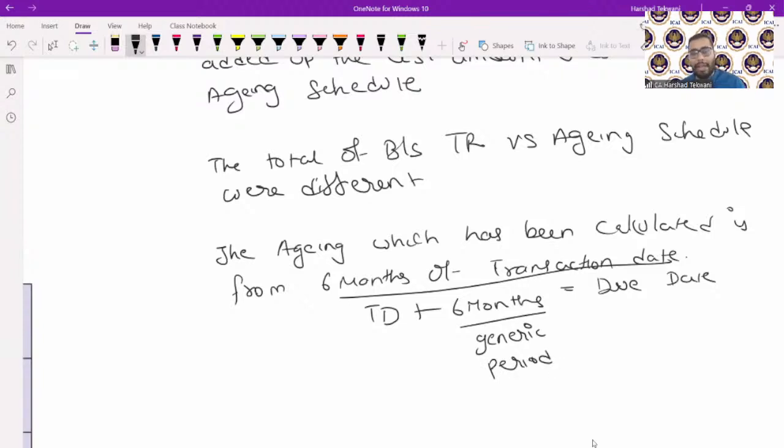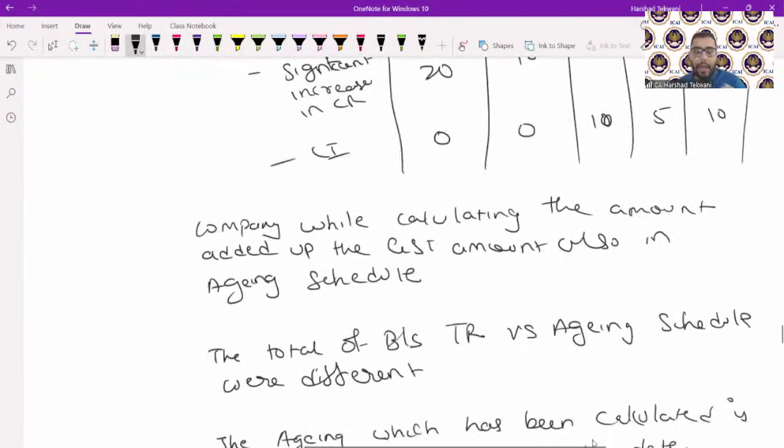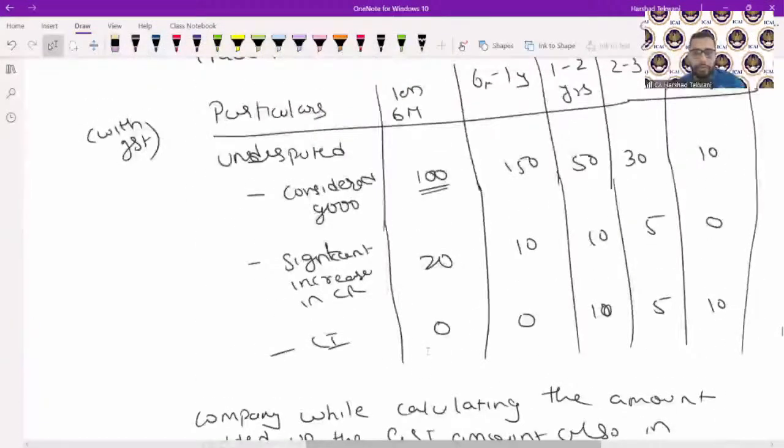However, this is not the case in reality because each and every trade receivable has been provided a separate credit period, not a generic 6 months. So they have done it this way, and on the basis of that, they have calculated the aging. So just a minute now, then I'll change up a few things.